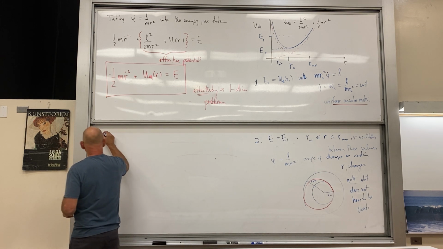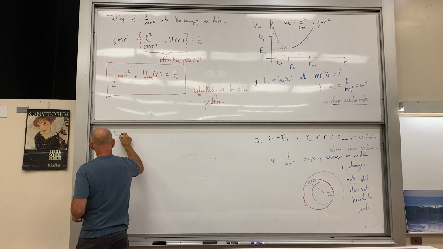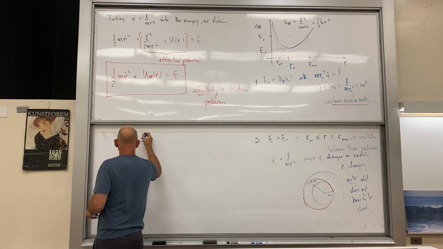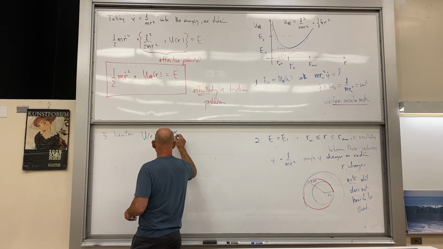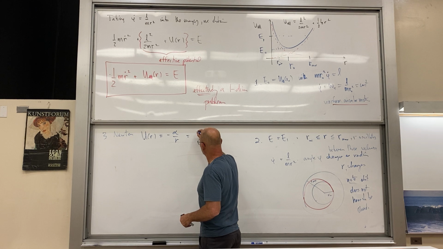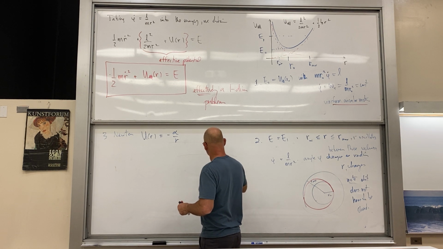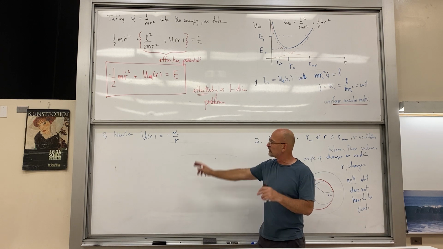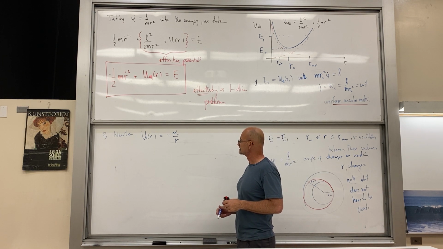So point 3 of this discussion is the Newton potential, where we have U of R equal to minus alpha over R. We'll just always do that for simplicity. If you have a two-body problem, it's Newton's law.